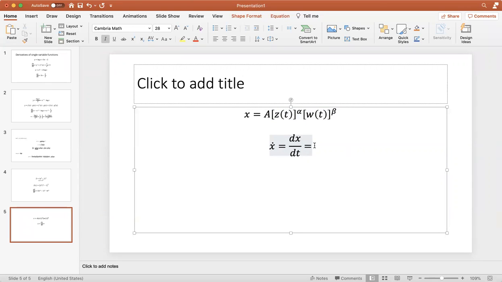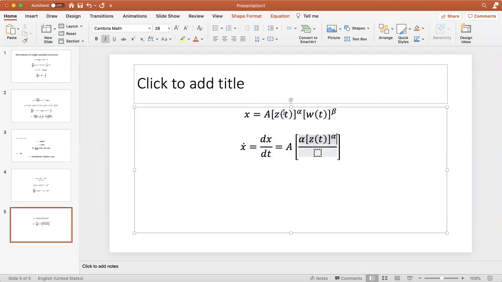This is the first function, and this is the second function. So basically, you will get an expression like this, a slightly long expression. You can just ignore a because that's just a constant. So that's a times the derivative of the first expression. So that's going to be alpha z(t) raised to alpha.